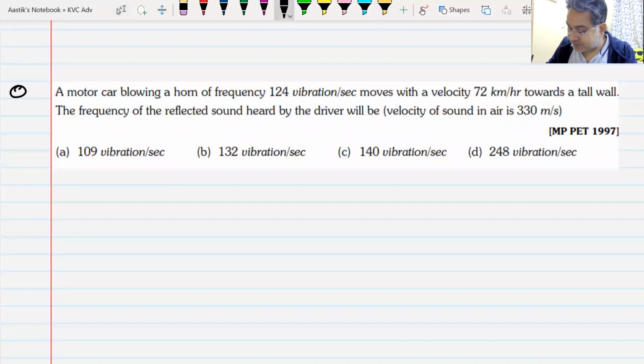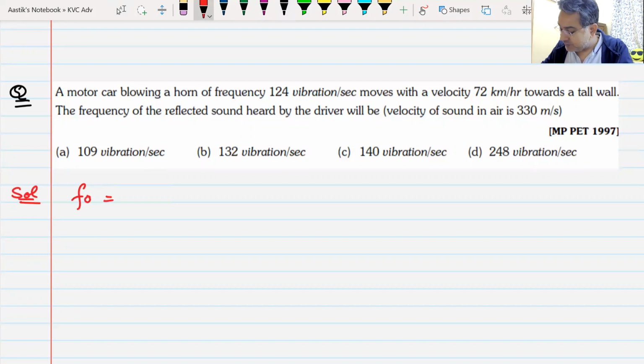140 vibrations per second is correct. What you have to apply is very simple. F of the observer, the driver himself, will be (C plus speed of the observer) divided by (C minus Vs), with the sign convention already put in, into Fs.